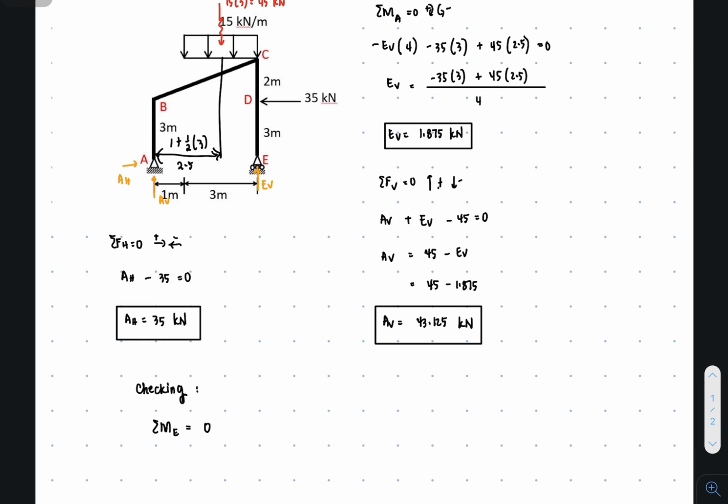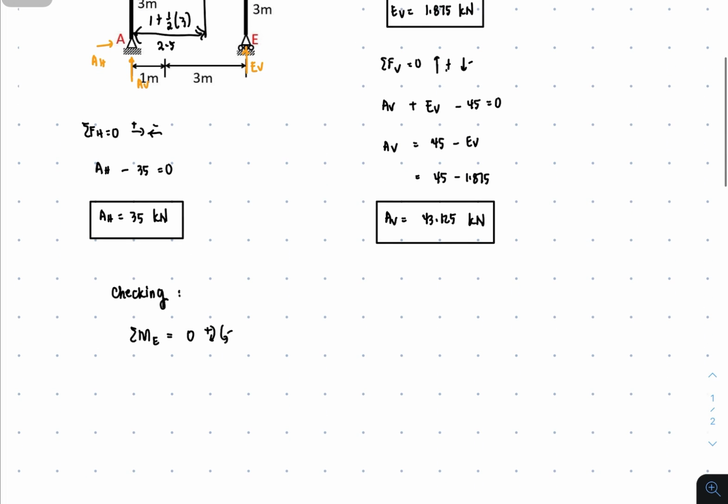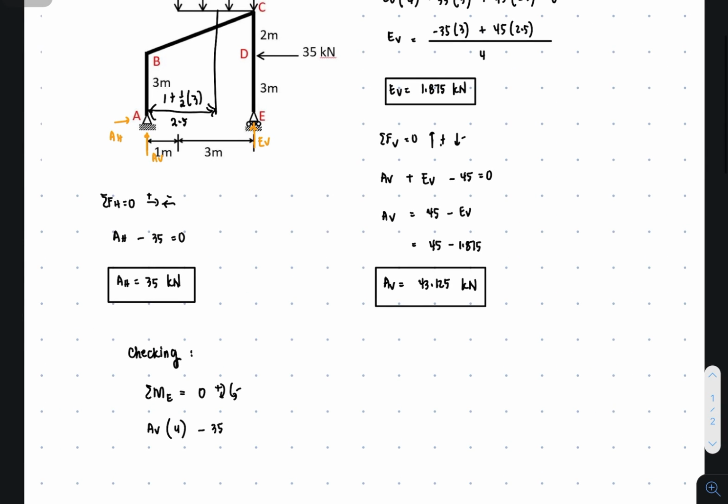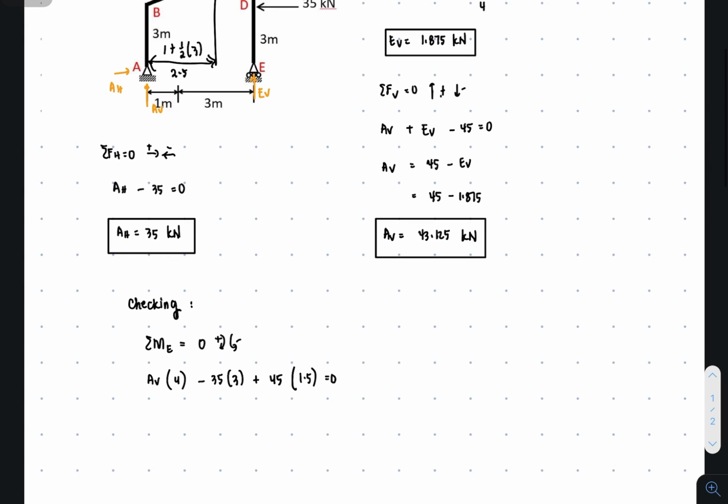It's point E, clockwise positive, counterclockwise negative. So you have AV clockwise times 4, and then minus 35 times 3, then plus 45 times 1/2 of 3, which is 1.5, equal to 0. No, it's minus, so it's minus 45.